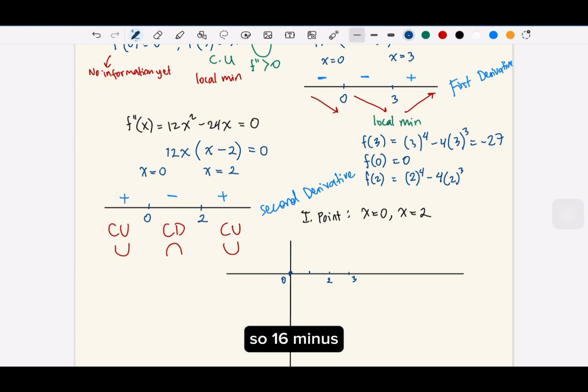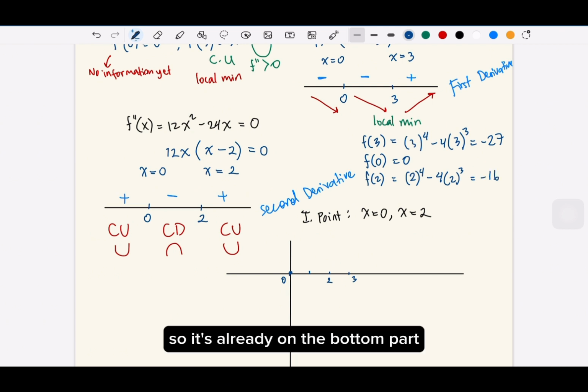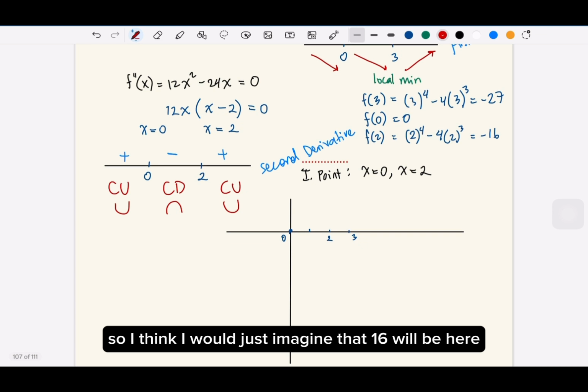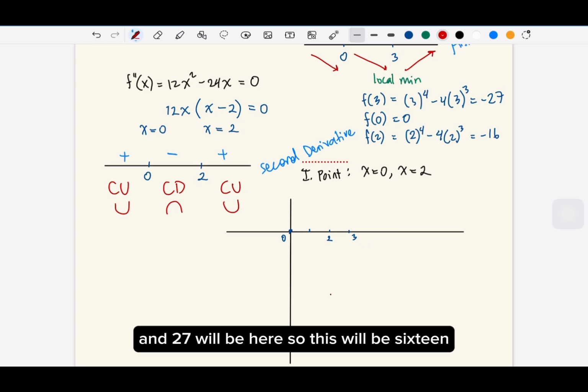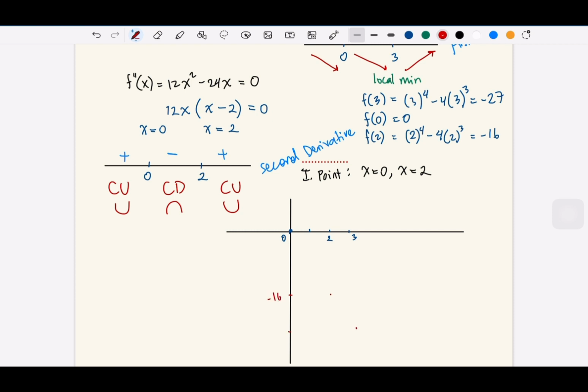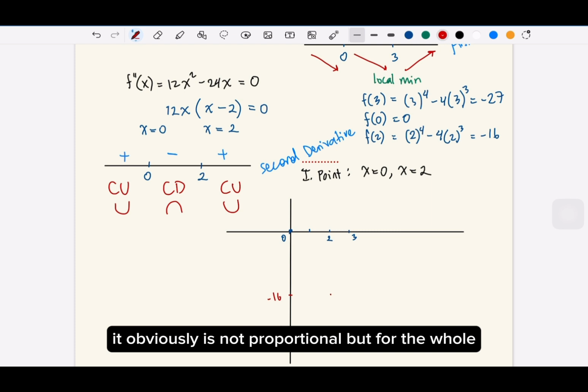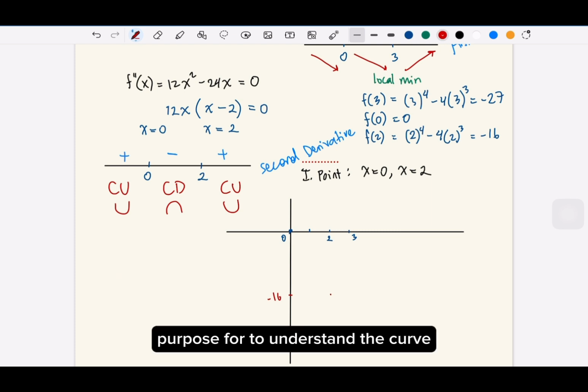So 16 minus 32 is minus 16, right? So it's already in the bottom part. So I will just imagine that 16 will be here and 27 will be here. So this will be 16. See what I'm drawing here. It obviously is not proportional, but for the purpose of understanding the curve, let me just write it like that.